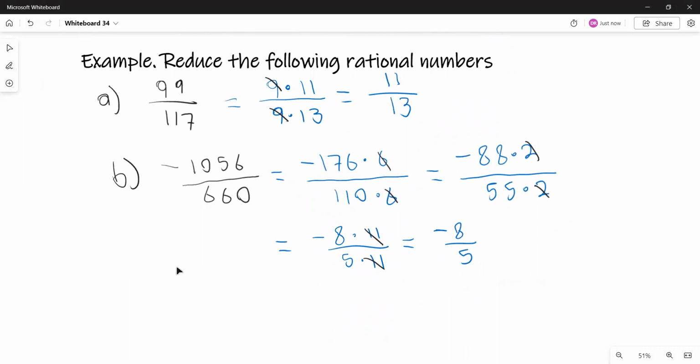Okay, so we're going to do arithmetic with rational numbers. The first two operations are going to be addition and subtraction. So, addition and subtraction of rational numbers.